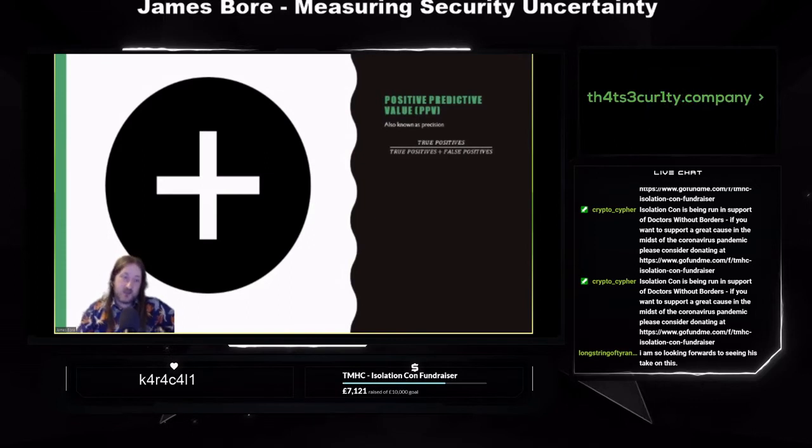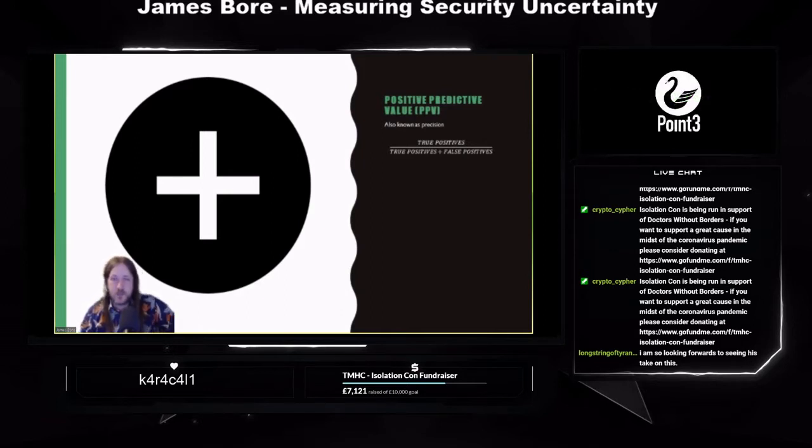However, if you had a system which had a perfect negative predictive value, so NPV of 1, you would be able to say that anything the system does not find, you can ignore. If you find a system like that, whether it's a vulnerability scanner, a pen testing company, a threat modeling approach, anything, please tell me about it, because I've yet to find one, mainly because that would be a perfect system.